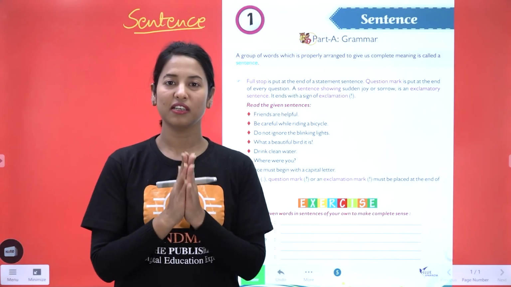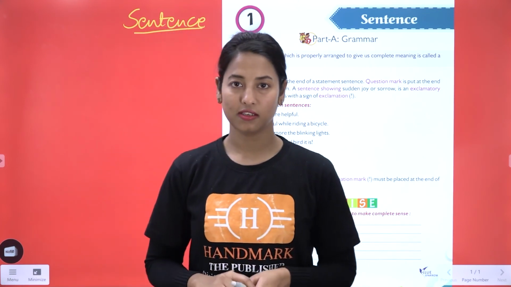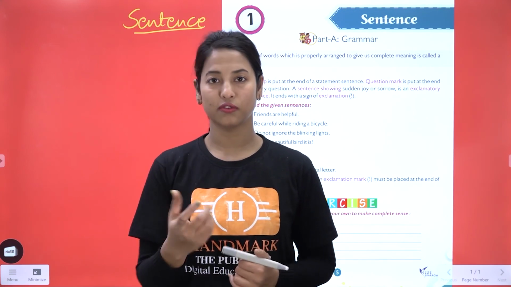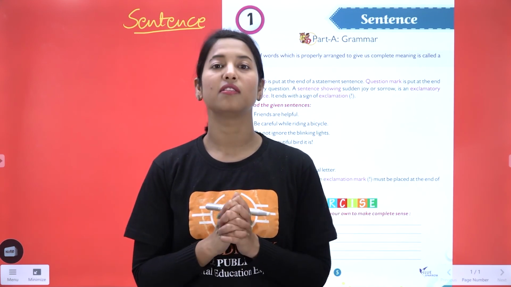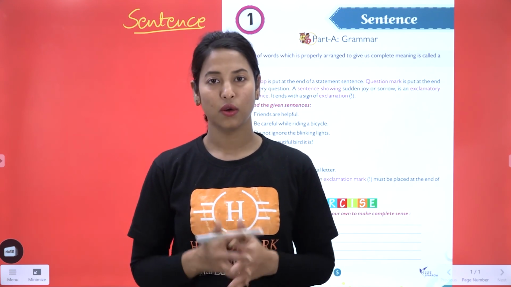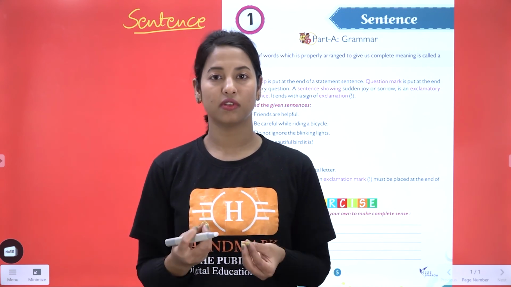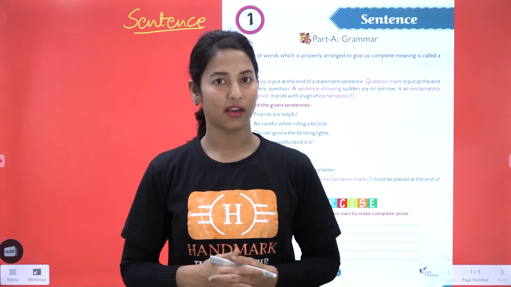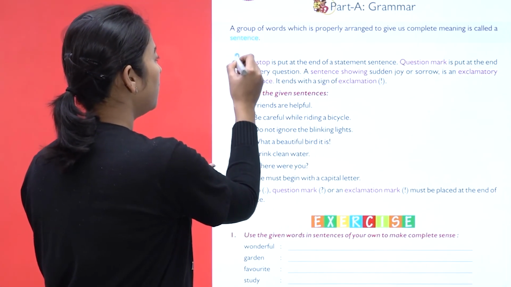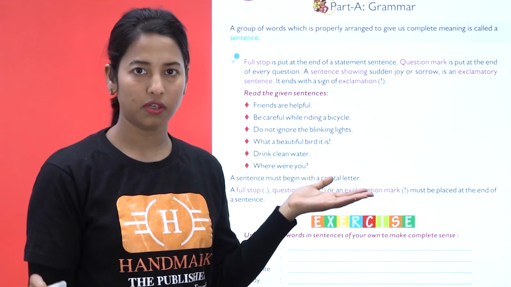So students, let's revise what we have learned here. We have learned three kinds of sentences. First one was the statement, or we can call it an assertive sentence. Second one is the interrogative sentence, and third one is the exclamatory sentence. We use three different marks to represent what kind of sentences these are. Let's revise these marks also. First one was the full stop, that shows that a sentence is simply a statement.